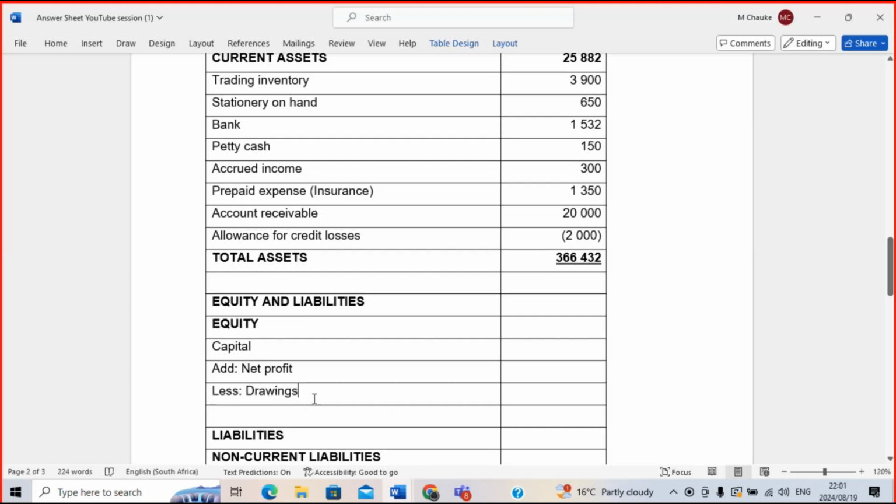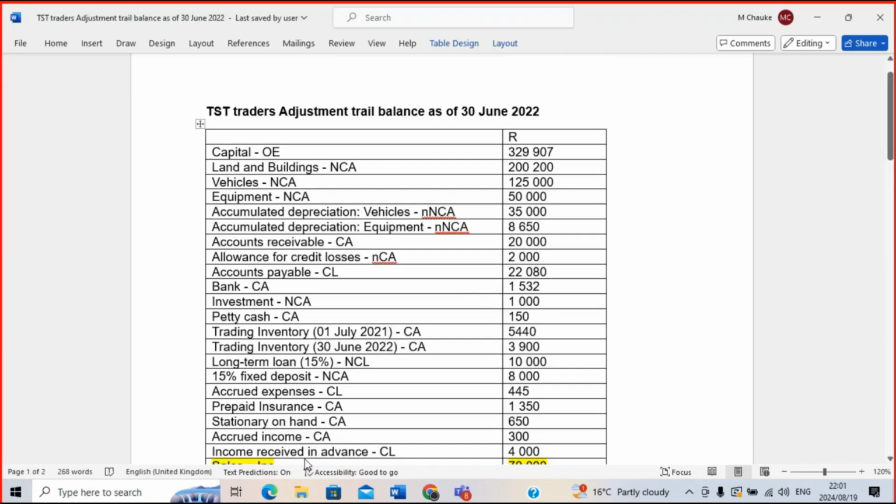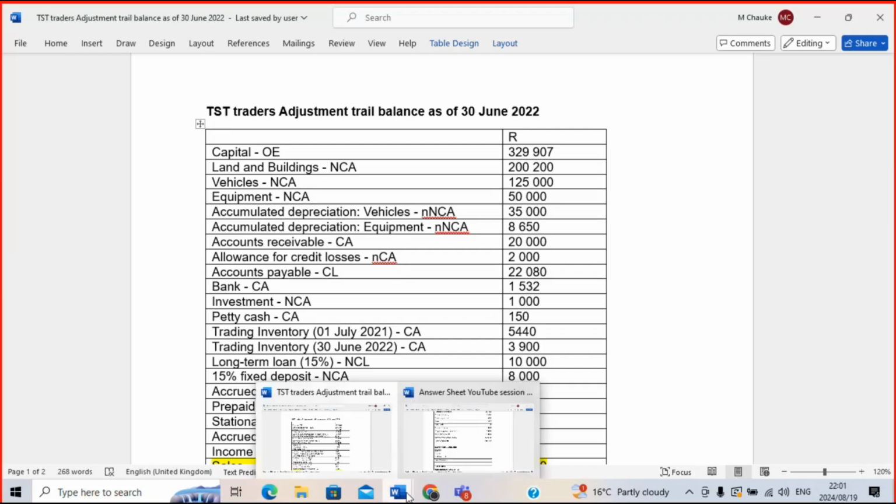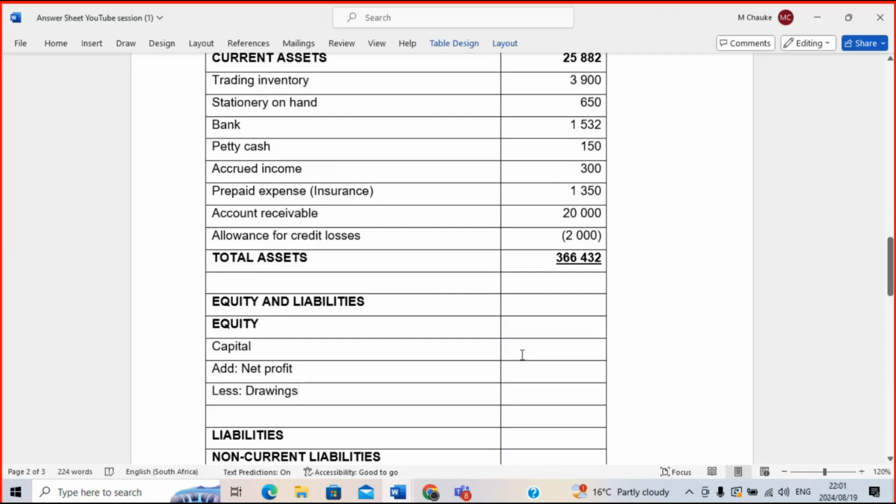Drawings, right? And then now, how much is our capital? Let's go to our question there. Our capital is 329,907. That is our capital.